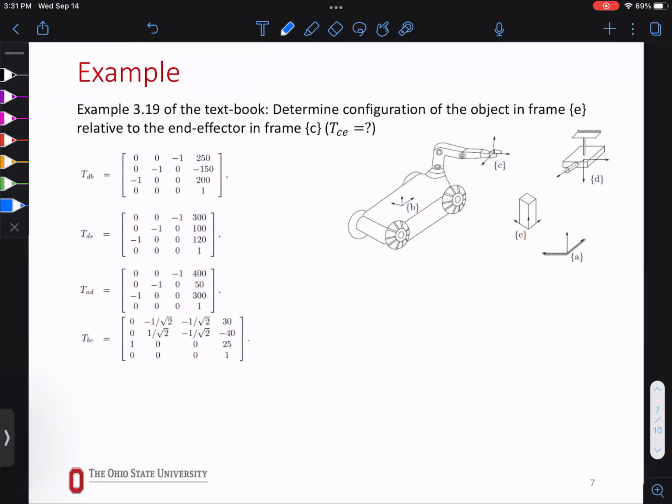It doesn't know exactly where the object is, but it knows where itself is, and from the camera information it would drive itself to the object and grab it. We want to write that transformation. Once you have all these transformations, the rest is just coding them, and then it will spit out at any time where things are with respect to each other. All right. Now, write a relationship that you can find TCB.